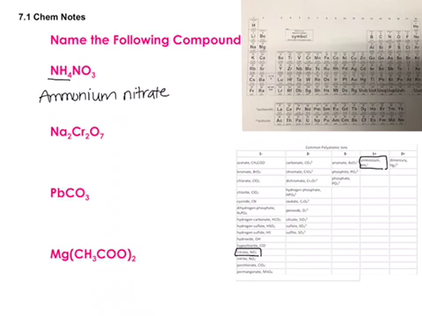Here, our second example, we have Na2Cr2O7. Backing up. Ammonium and your mercury ions are your only positive polyatomics. Otherwise, your polyatomics are almost always anions and will be listed second in the naming. And so you can see here, we have just regular old sodium.